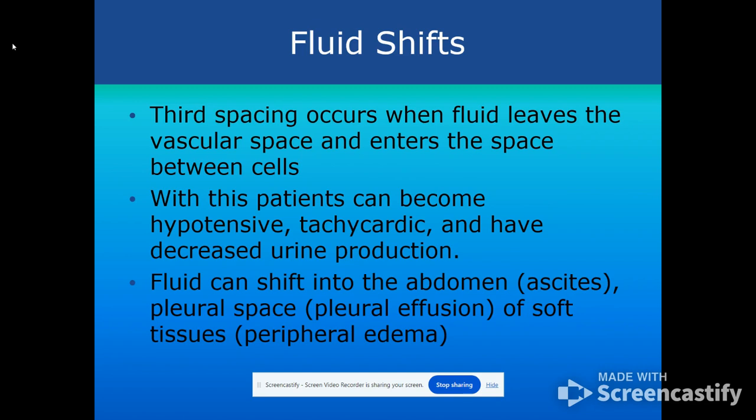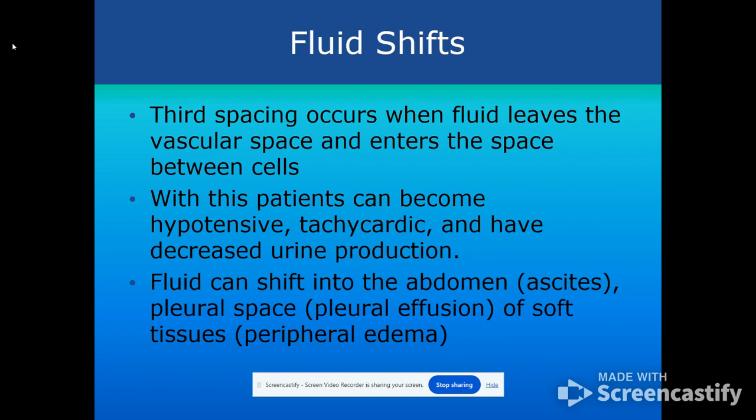Because it's a rapid fluid shift, they can have third spacing. Patients with cirrhosis, especially ascites in the abdomen, have that fluid shift because of the cirrhosis within the liver. Also, patients with right-sided heart failure can have fluid shifts, like with third spacing.